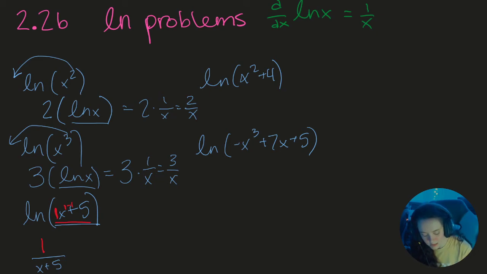I'm going to erase some of this to give me some more room. All right. So this ln of x squared plus 4. Same thing as before. Bottom, derivative is top. Okay?